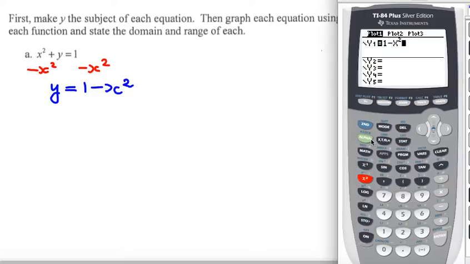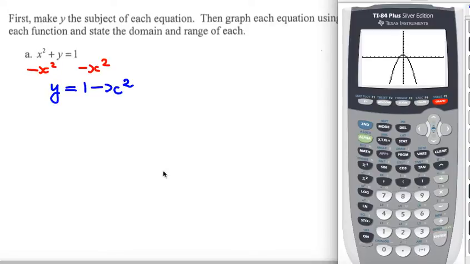Normally you are going to check your window. For now we have it as the standard version, so negative 10 to 10 for your x-axis and negative 10 to 10 for your y-axis. So how does it look? Press graph here. We get a parabola facing down with the vertex that looks like the one at (0, 1) here.